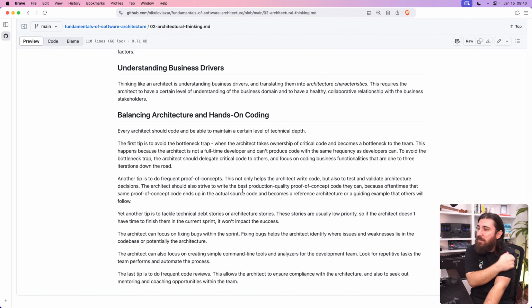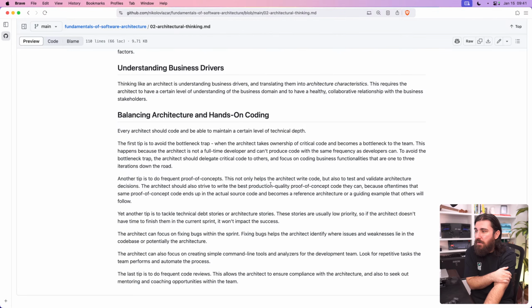So that's why it's important to focus on writing actual production quality code, even though it's a POC, because it can be the foundation for the future features that are planned on top of it, and become a reference architecture or a guiding example, even worse, a guiding example that others will follow.